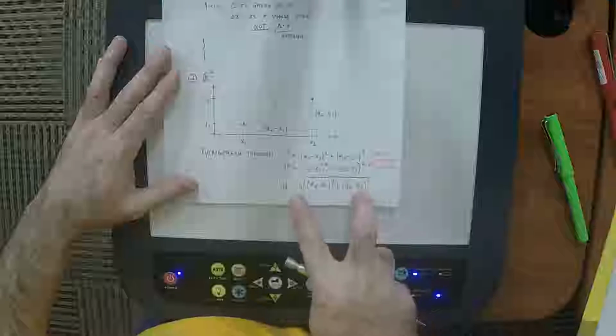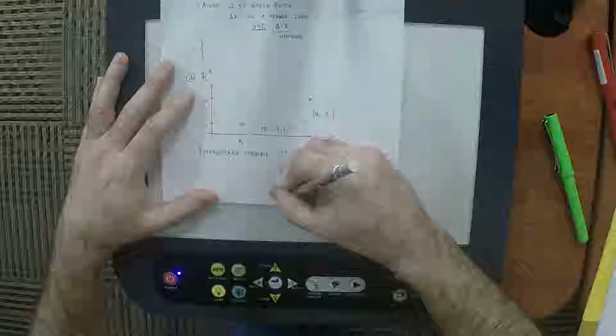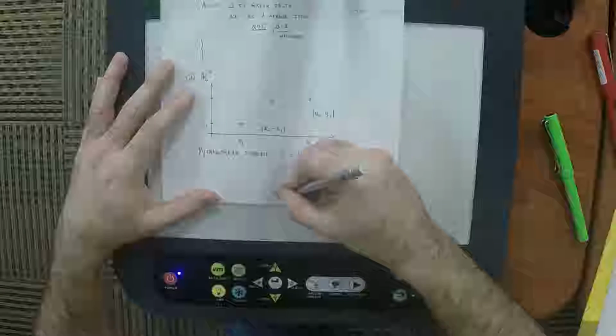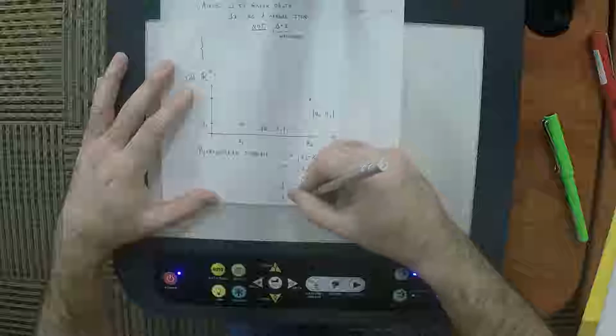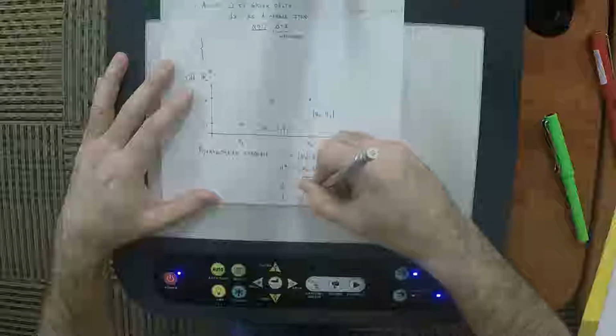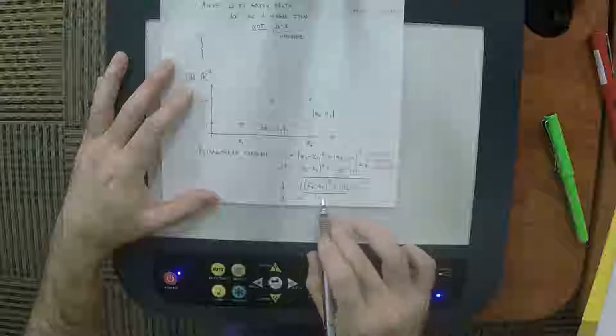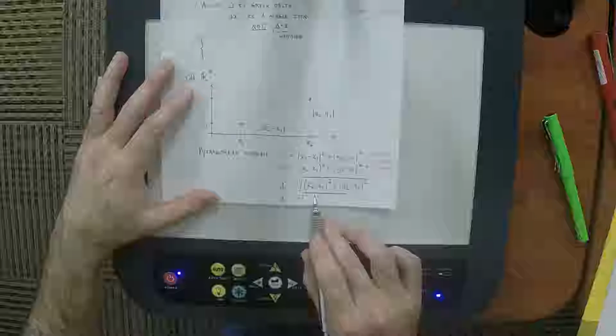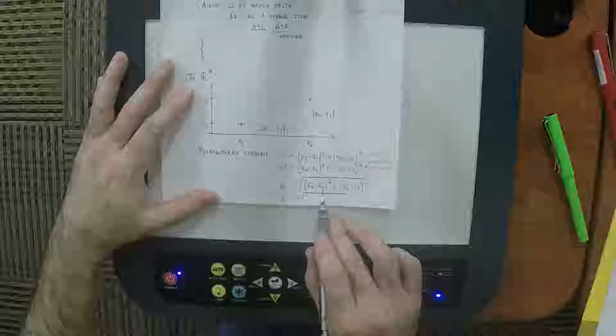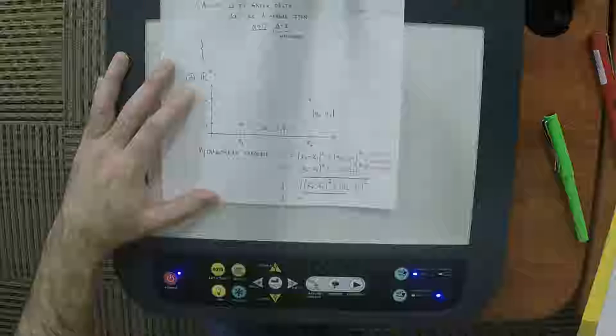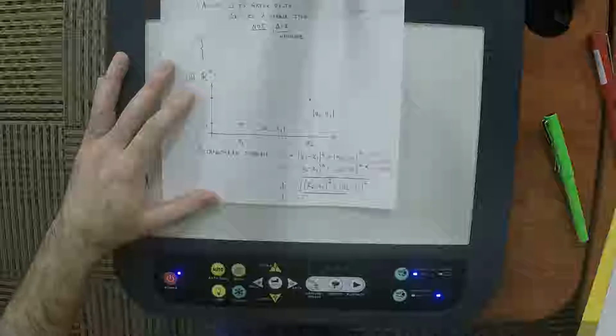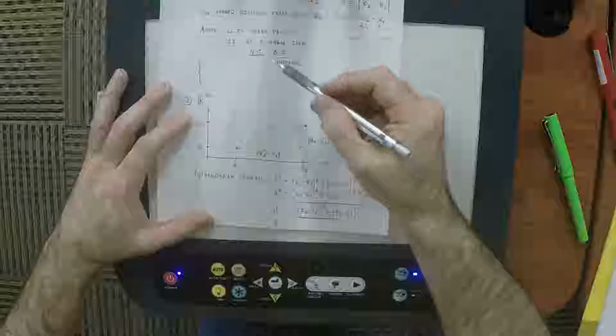So this could be written in a slightly more compact way. As follows, you could say that d is the square root of, and now instead of x2 minus x1, what can I write that's just barely more compact? Delta x, right?